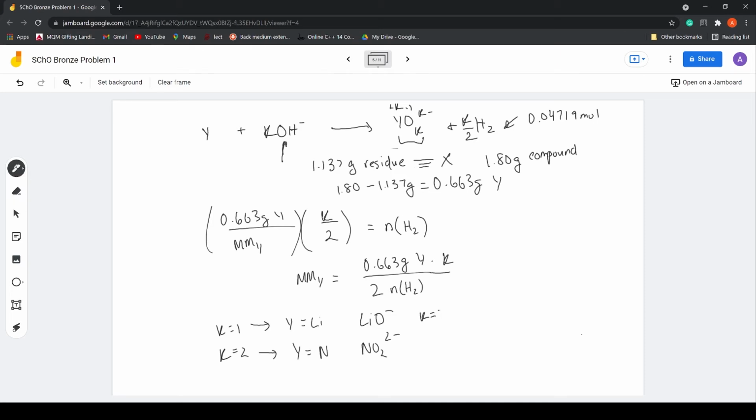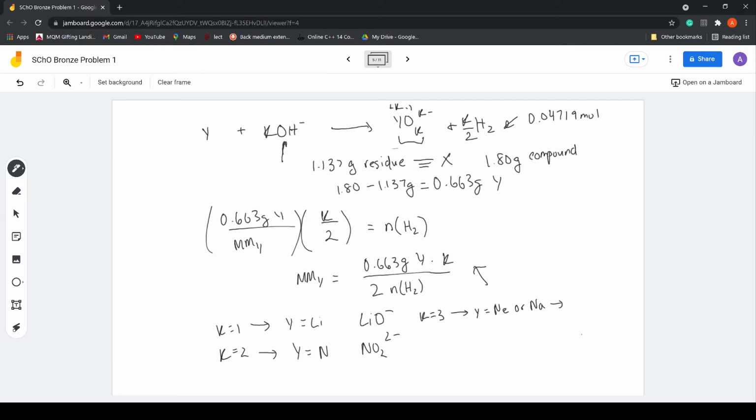What happens if we do K equals 3? When I'm finding Y, what I'm doing is plugging K equals 3 into this molar mass equation, finding that molar mass, and then looking at the periodic table to find what element is close to that value. If K equals 3, we get Y equals neon or sodium, but it's in the middle of these two, so it's not really perfect.